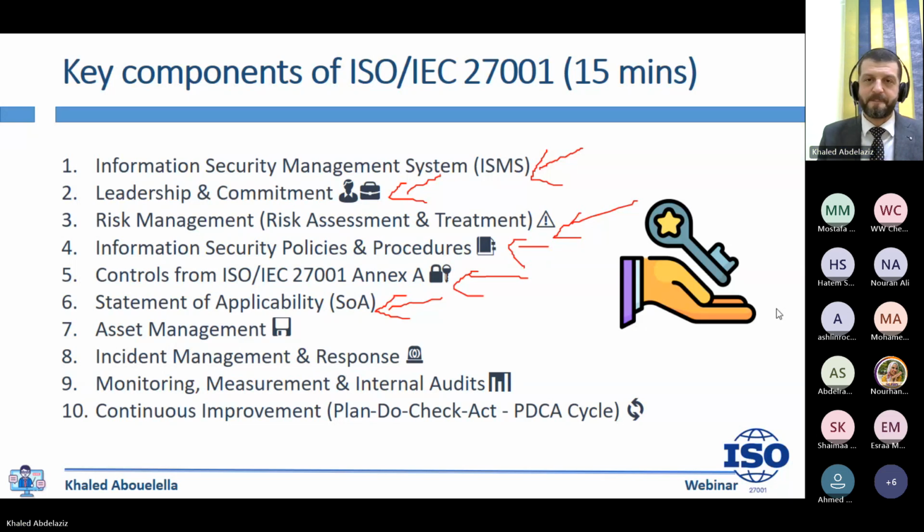We list all 93 controls and say this control is applicable. Why is it applicable? Because before I decided that, I conducted a risk assessment and decided to implement this control. And if it's not applicable, you need to justify why. So: justification for inclusion and justification for exclusion.